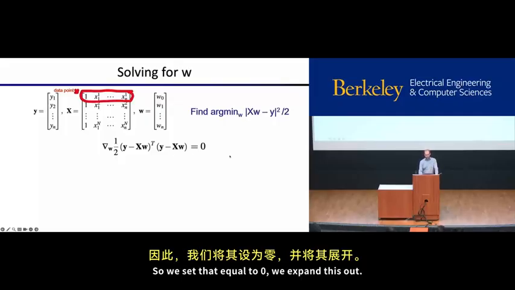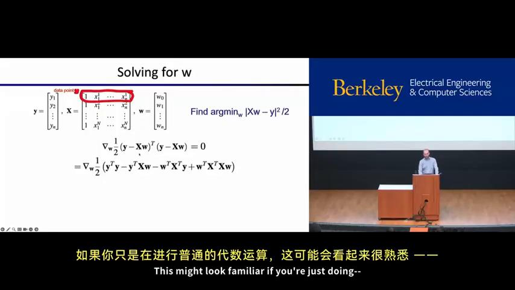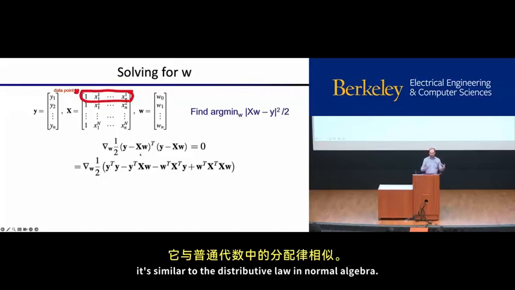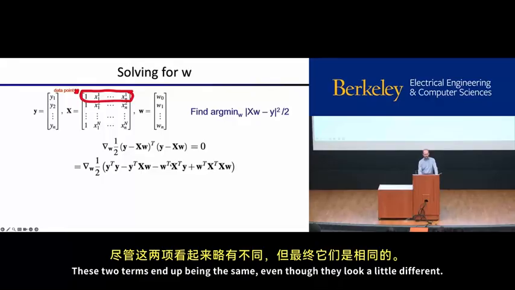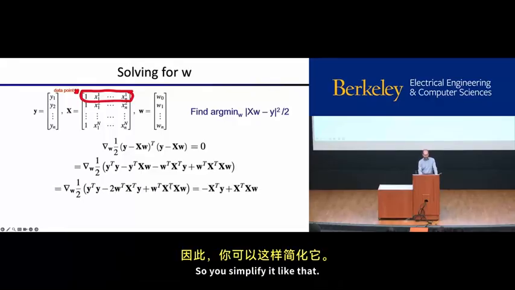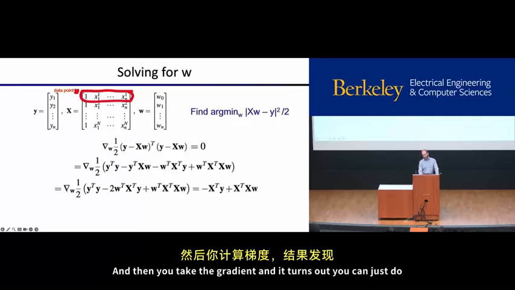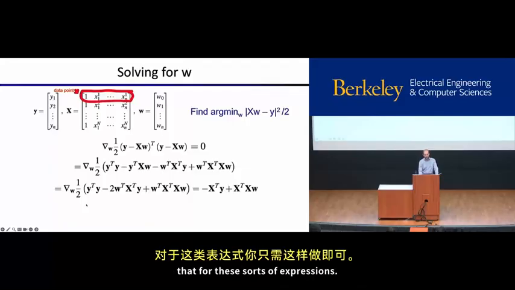So we set that equal to 0. We expand this out. This is similar to the distributive law in normal algebra. These two terms end up being the same, even though they look a little different, so you simplify it like that. And then you take the gradient, and it turns out you could just do that for these sorts of expressions.